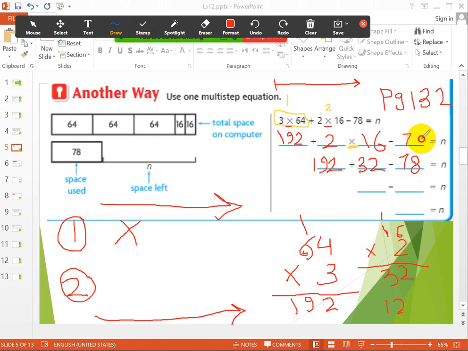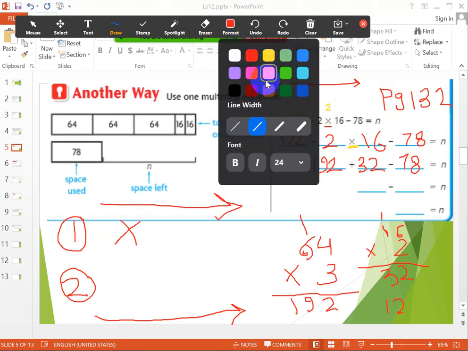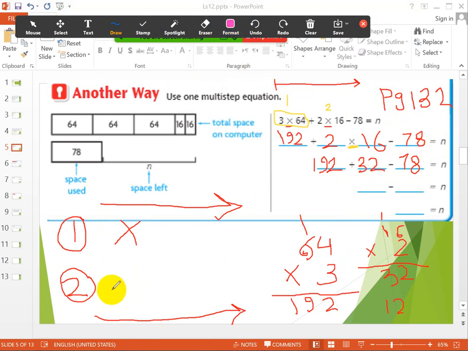Now, after doing the multiplication from the left side to the right side, after that I can do what? I can do addition, that's mean plus and minus, subtraction. According to the order of operation, first thing I have to do multiplication, second I have to do addition and subtraction.